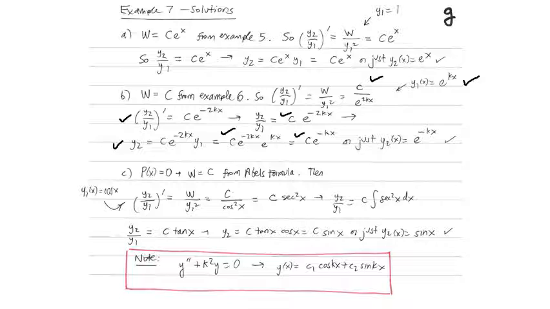And again, all we're trying to do is come up with a second linearly independent solution of the simplest possible form. So we'll just leave off the constant there and just say our second linearly independent solution is e to the minus kx.